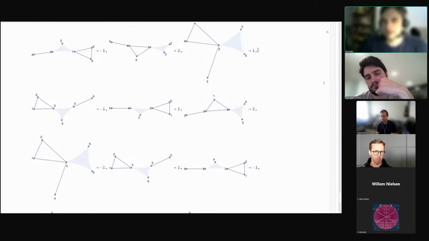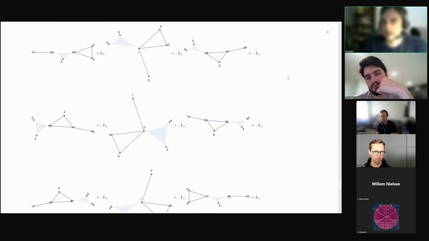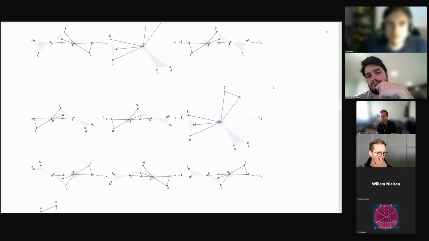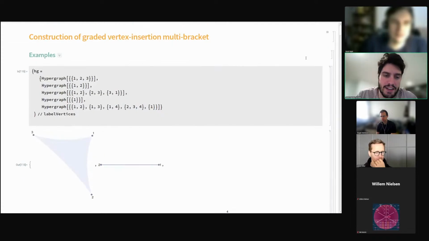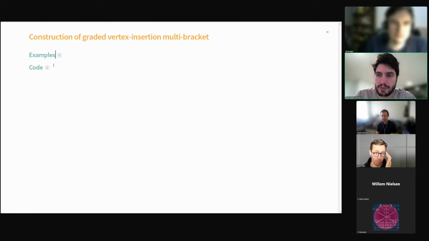So this is the graded vertex ordered bracket. Now I will show you, and this is actually the new thing. You say it's a well-defined multilinear operation on vertex ordered isoclasses of hypergraphs.